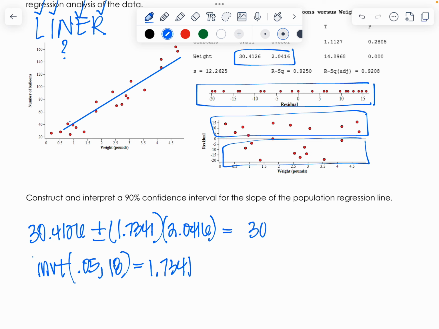So this will be our sample slope, 30.4126 plus or minus 3.5403. Is 26.8723 to 33.9529.